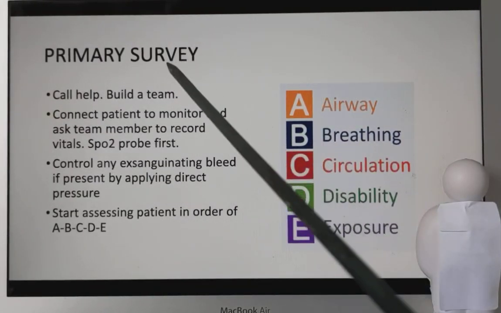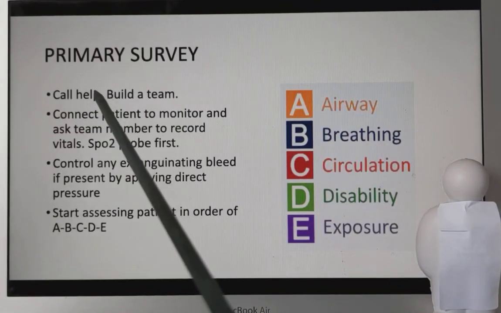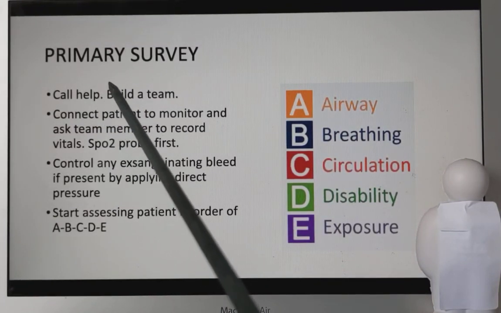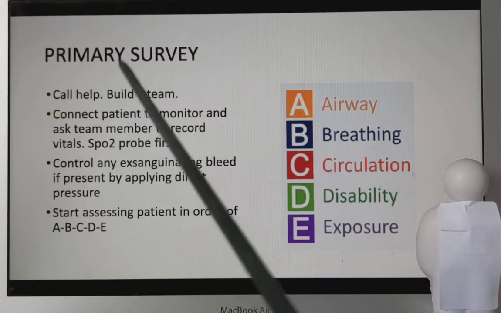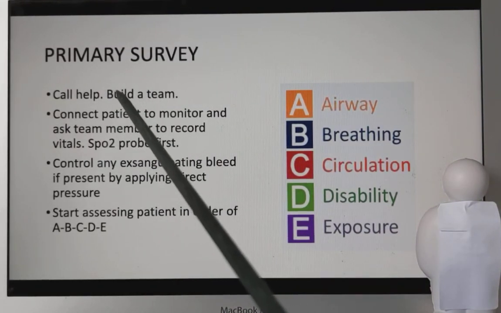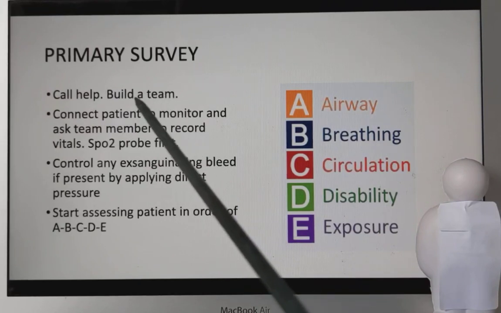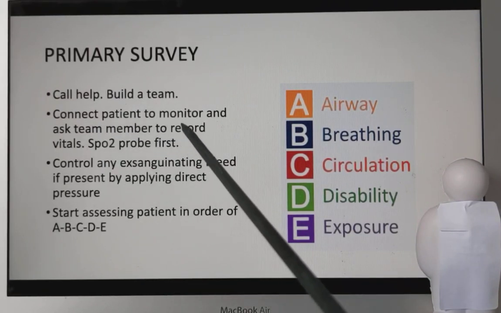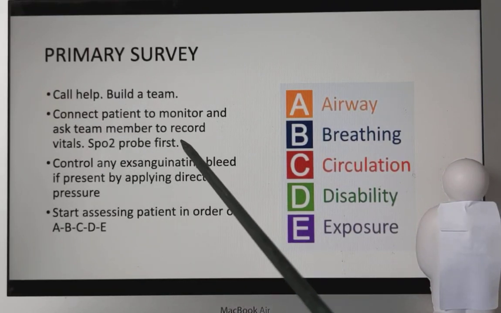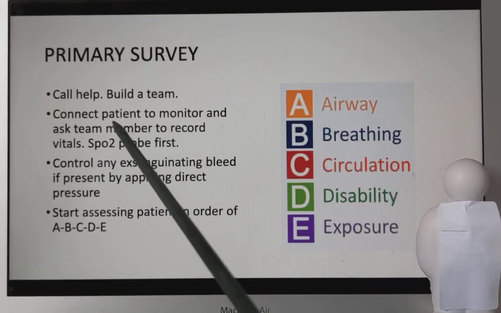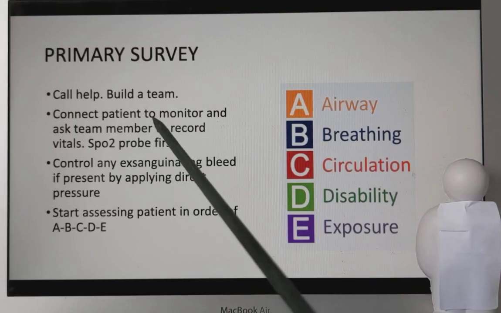As soon as you've identified it's an emergency, first of all, call for help. That could be a cardiac arrest call, an emergency call, a trauma call, whatever the call is. So you need to start building a team. Then you connect the patient to the monitor and ask team members to record vitals. Out of all the vitals, the saturation probe should be attached first.